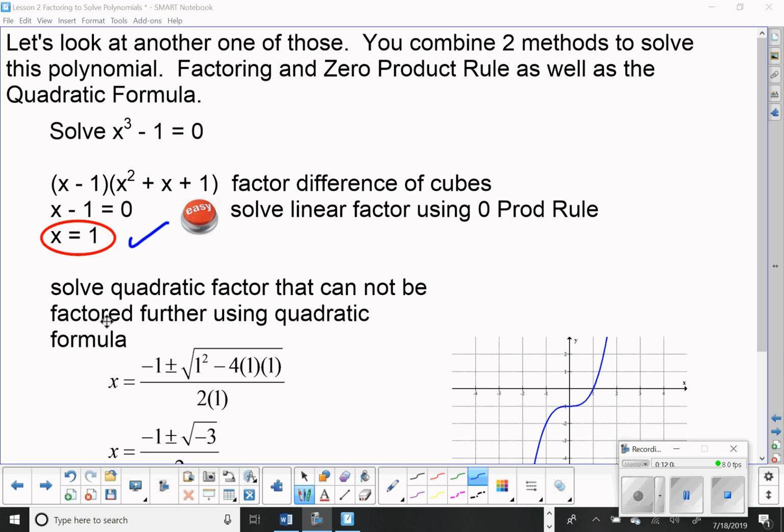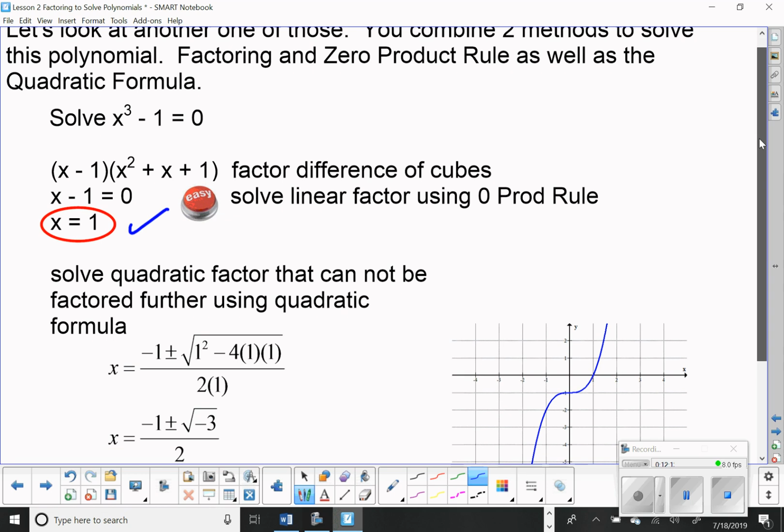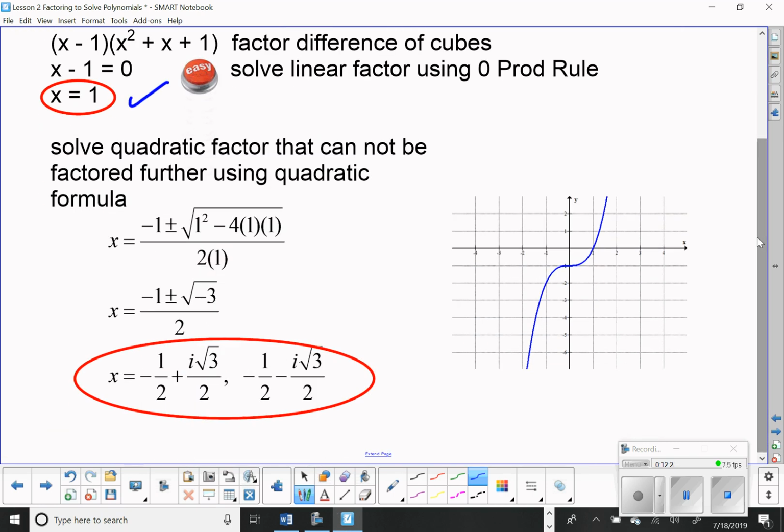The thing that's a little bit harder is solving that quadratic. There are no factors of 1 that add up to 1. 1 just has the factors 1 and 1. That's going to be 2, or -2, or maybe 0. But it certainly is not going to be 1. So we plug in -b plus or minus square root of b squared minus 4ac, and we wind up with -1/2 plus i root 3 over 2, -1/2 minus i root 3 over 2.